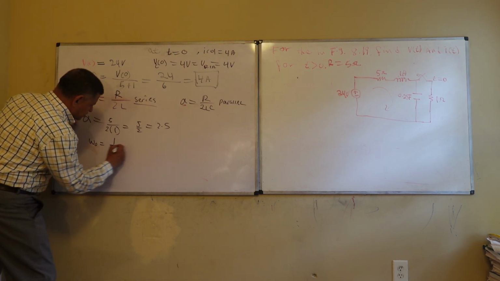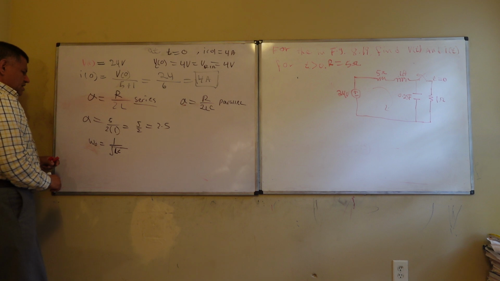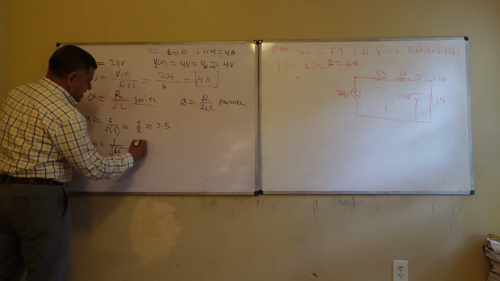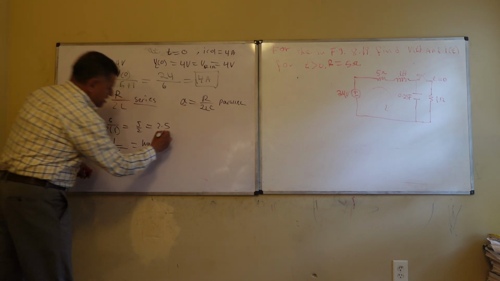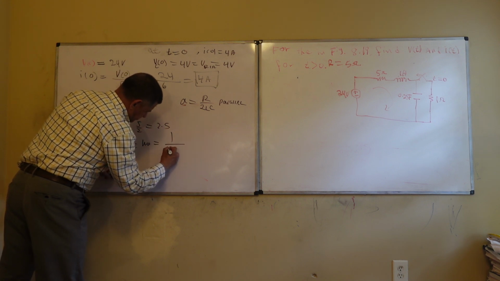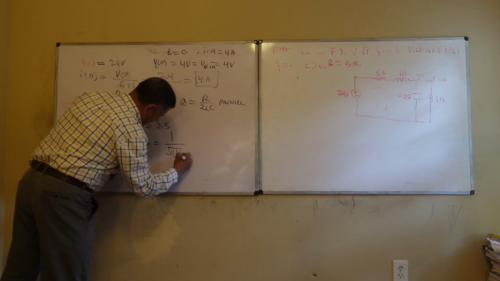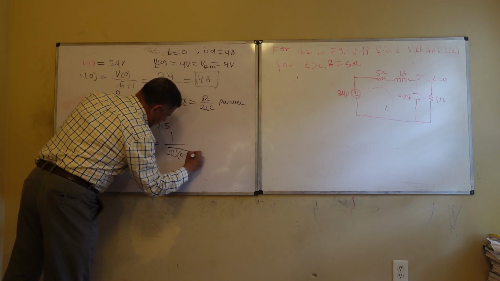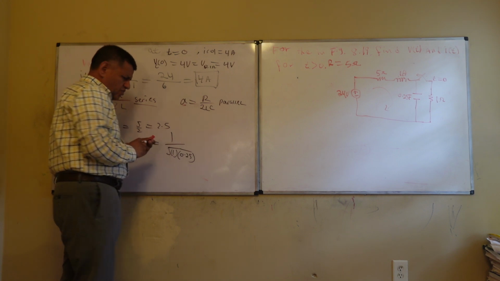So we use 1 divided by the square root of LC, which in this case, omega naught is going to be equal to 1 over the square root of 1 times 0.25.